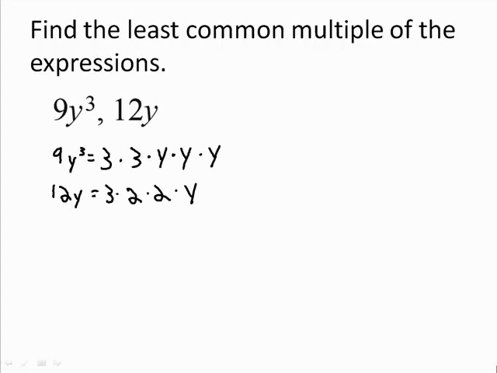The least common multiple has to include each of these factors. It has to include two 3's, two 2's, and 3 y's. The least common multiple is 3 times 3 times 2 times 2 times y times y times y, which is equal to 36y cubed.